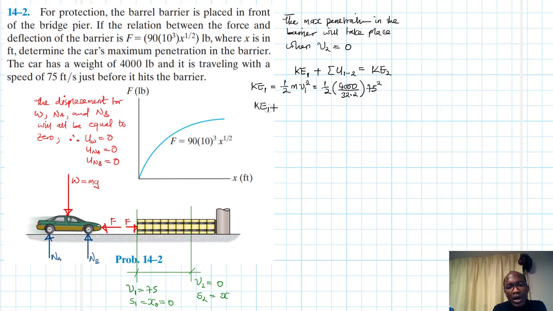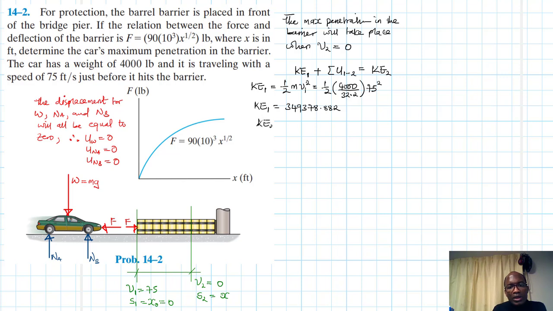KE1 is just going to be equal to 0.5 times 4,000 divided by 32.2 times 75 squared, and this we get 349,378.882.